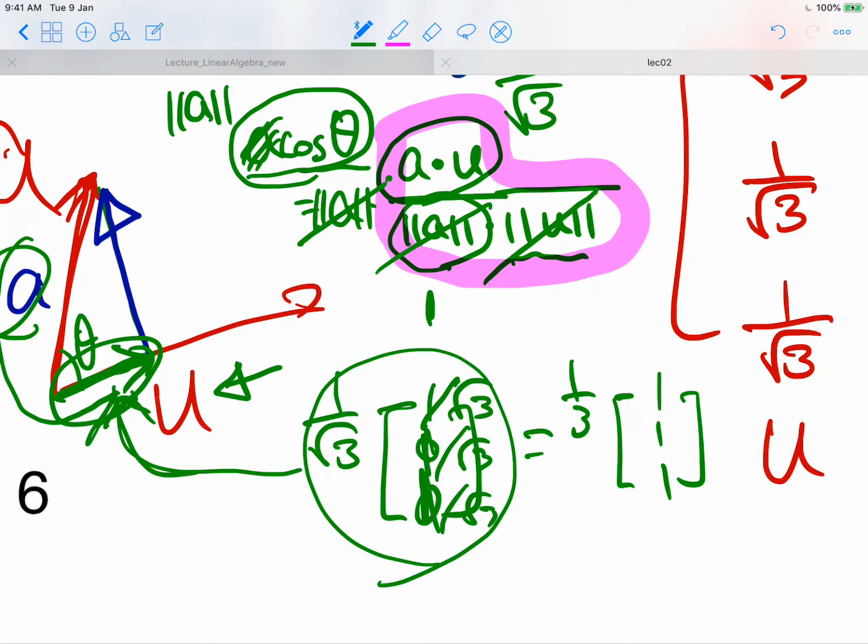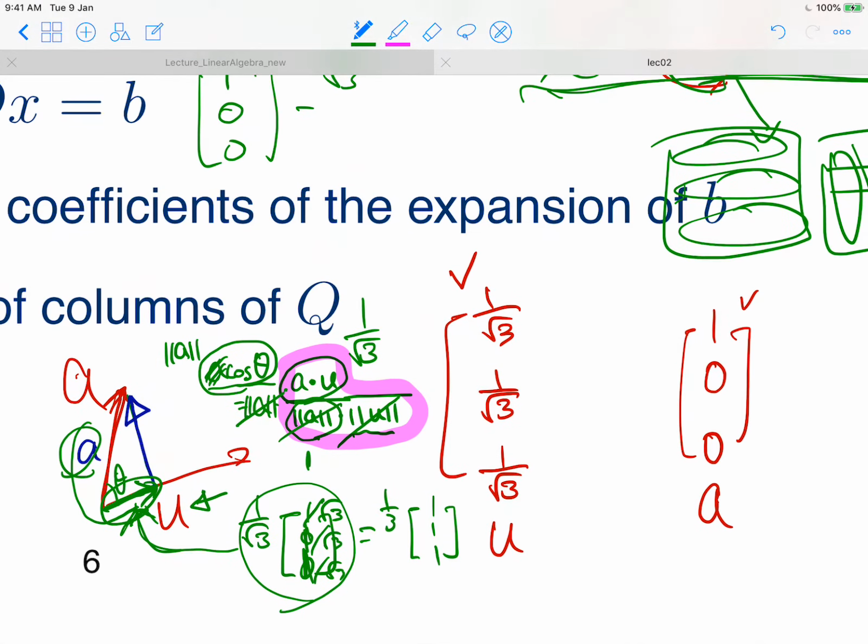And then if we subtract it from the original vector, we will obtain this blue part. What is the blue part? This A is 1, 0, 0, minus this vector.